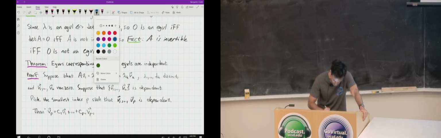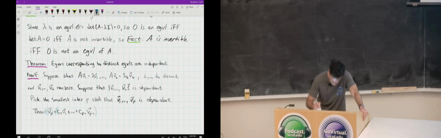I'll put an A right here, and that should be A on this one. Okay, that doesn't look so great to me. Rewrite that.